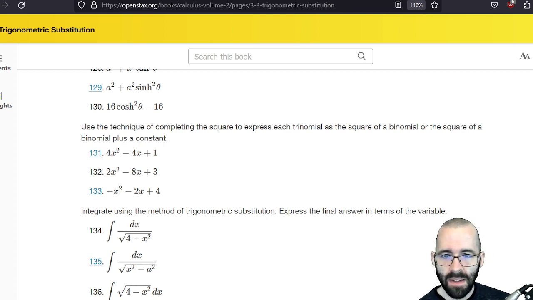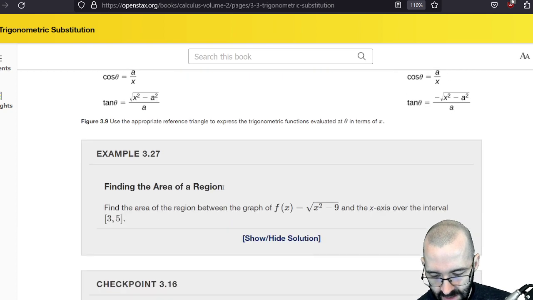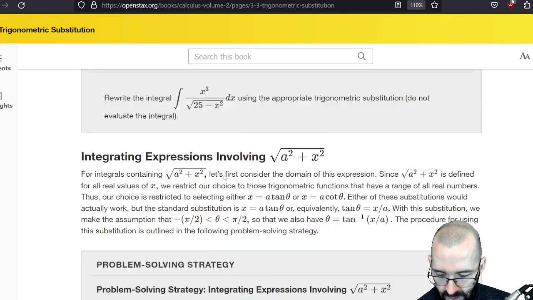Wait, is that what we did? 2 ln 2 over x minus, oh, did I have a plus in my formula? Cosecant plus cotangent. Why do they have a minus? Wait, what am I looking at? 3.22.